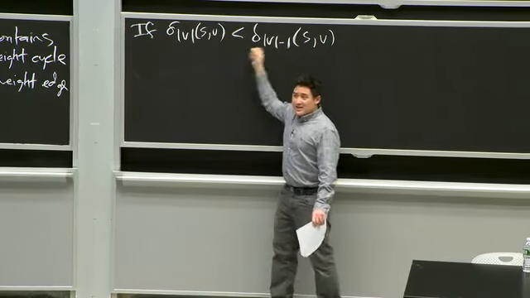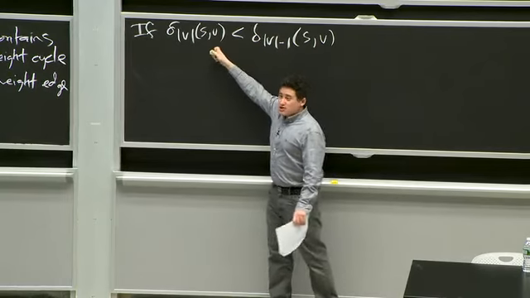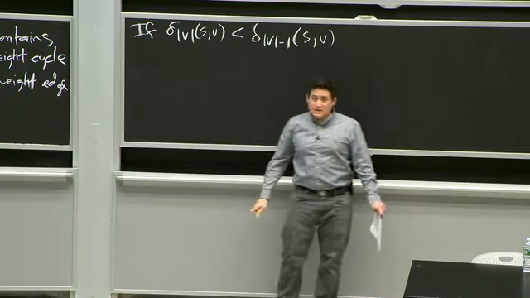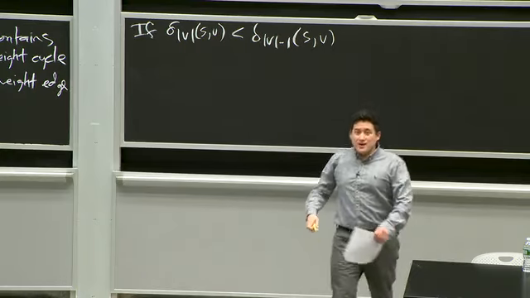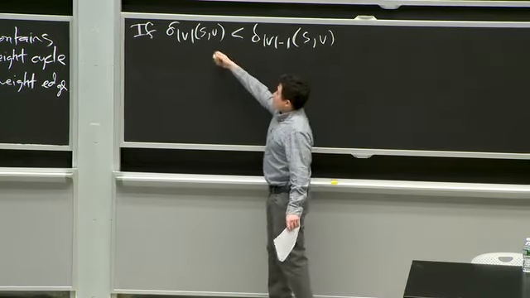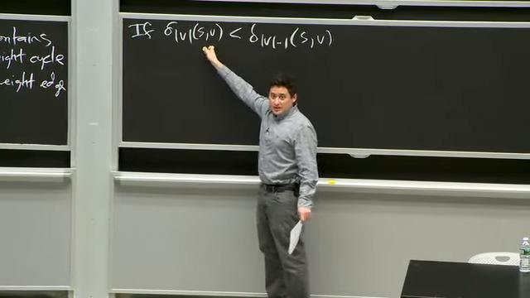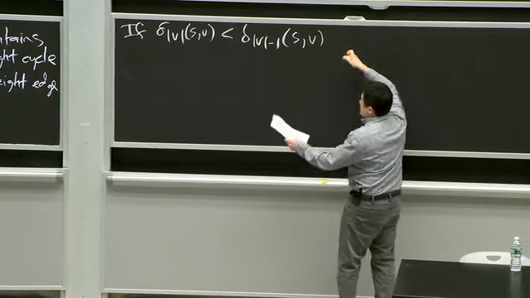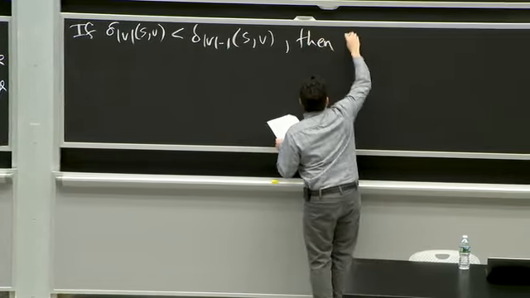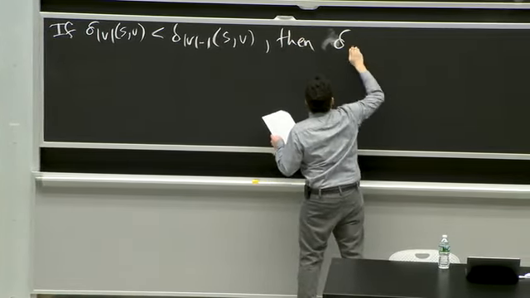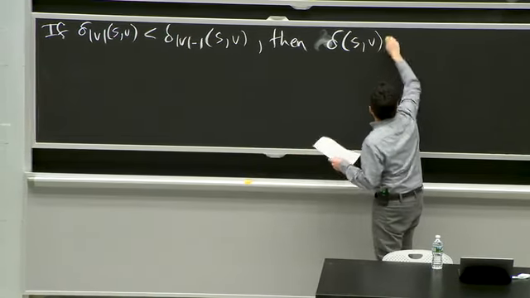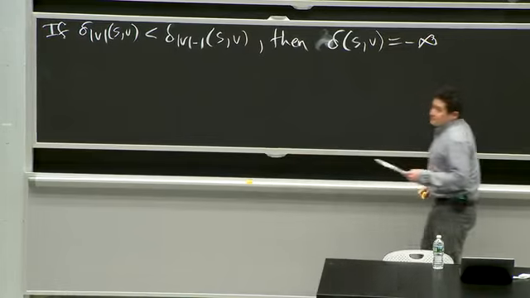So if this is the case, and I found a shorter path to V that uses V edges, that path can't be simple, which means that path, or some path there, contains a negative weight cycle. So if this is true, then I know that the real shortest path distance from S to V must be minus infinity.